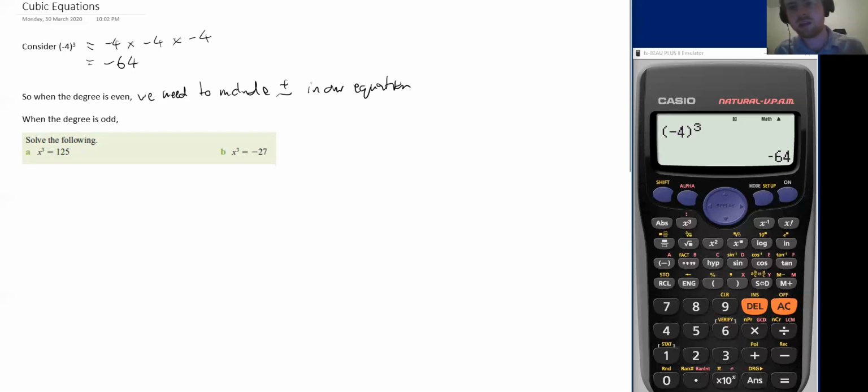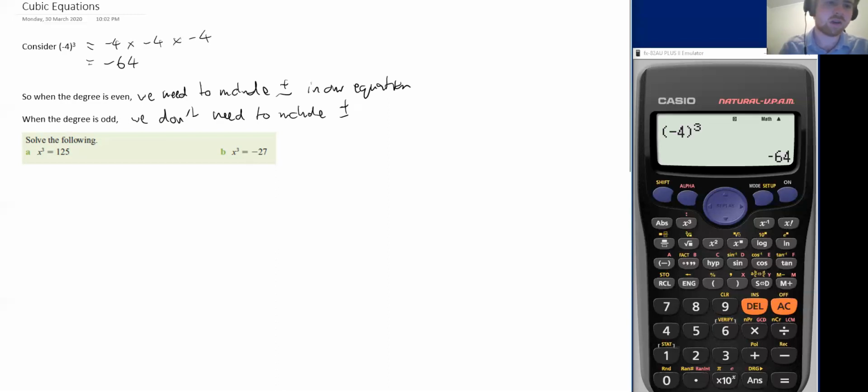And when the degree is odd, so we're cube rooting or fifth rooting or seventh rooting, we don't need to include plus or minus. So if it's a negative number and we're cube rooting it, it stays negative. If it's a positive number, it stays positive.